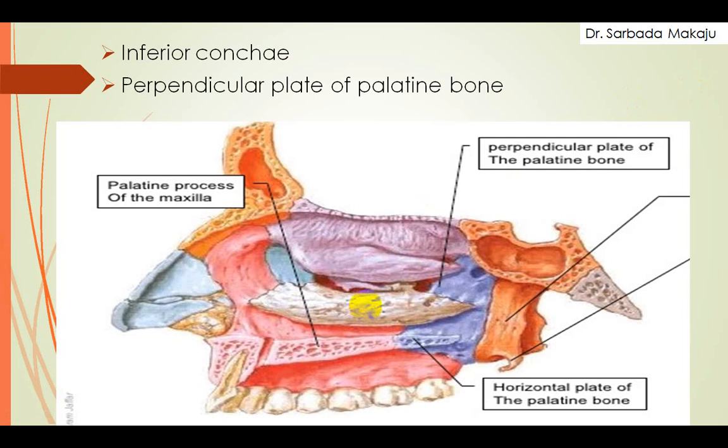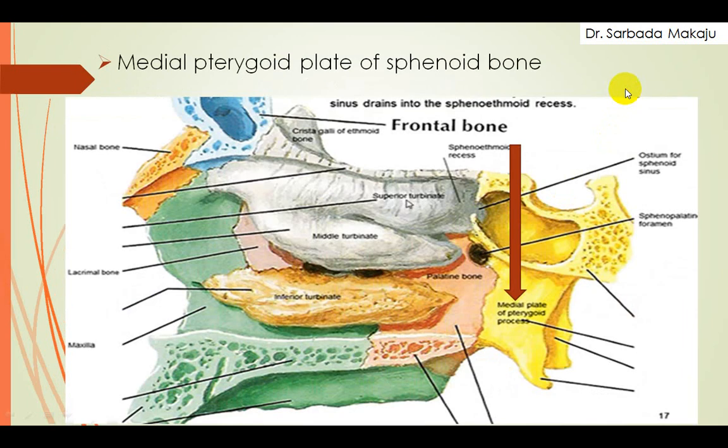Then when you move downwards, there is one more bone, known as the perpendicular plate of the palatine bone. Then posterior to the perpendicular plate of the palatine bone, there is this bone, known as the medial pterygoid plate of the sphenoid bone.